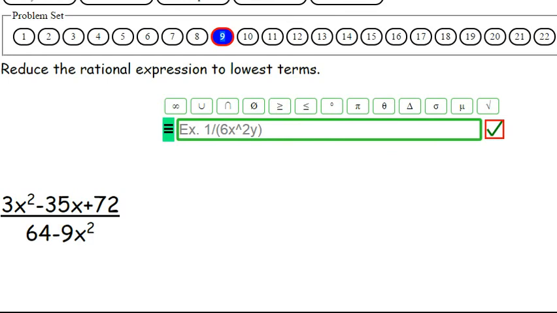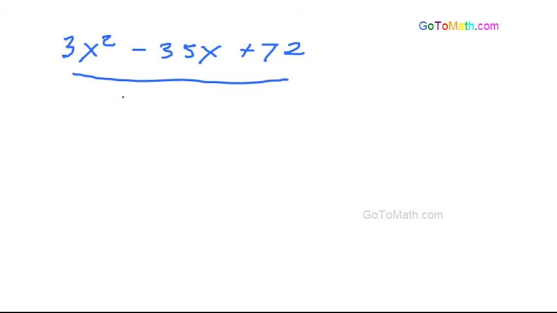So we have 3x squared minus 35x plus 72, and that's all over 64 minus 9x squared.